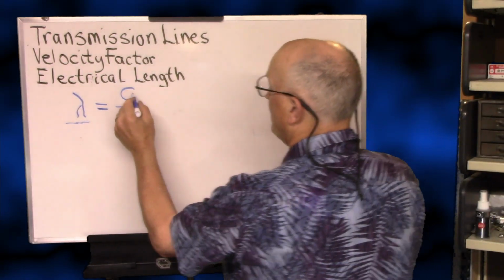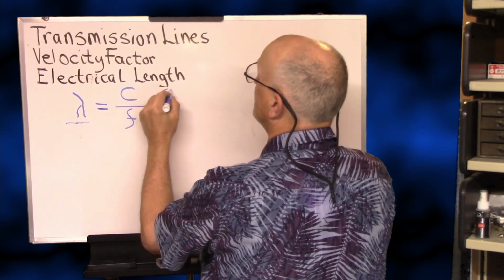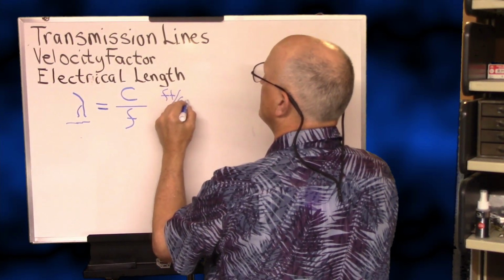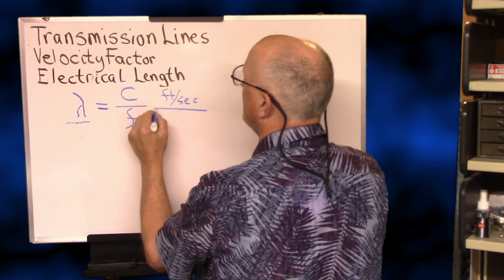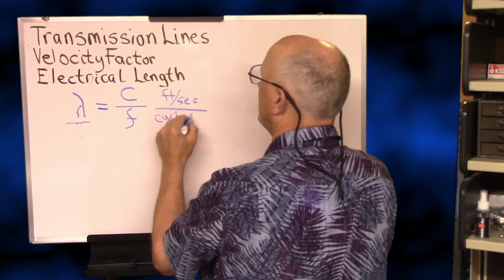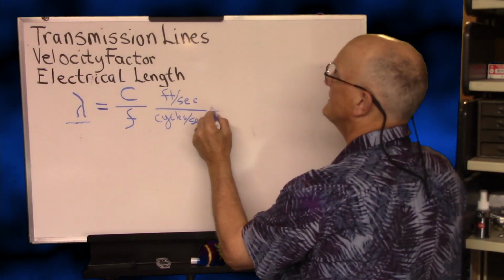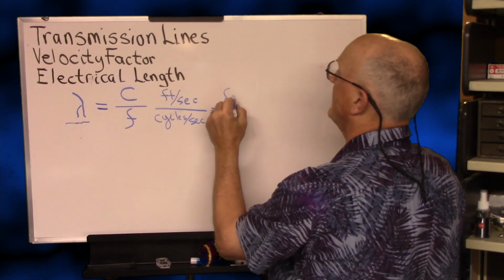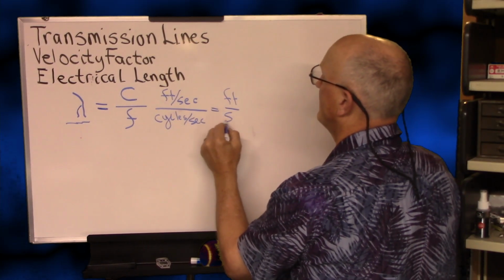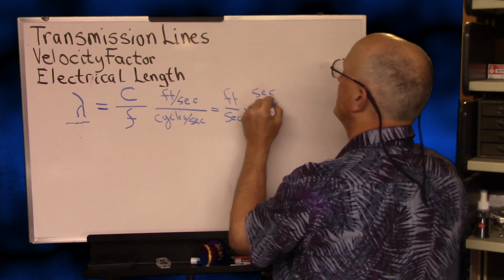So if you think about this, this is speed. Let's say it's in feet per second, and we're dividing by cycles per second. This is the same thing as feet per second times seconds per cycle.